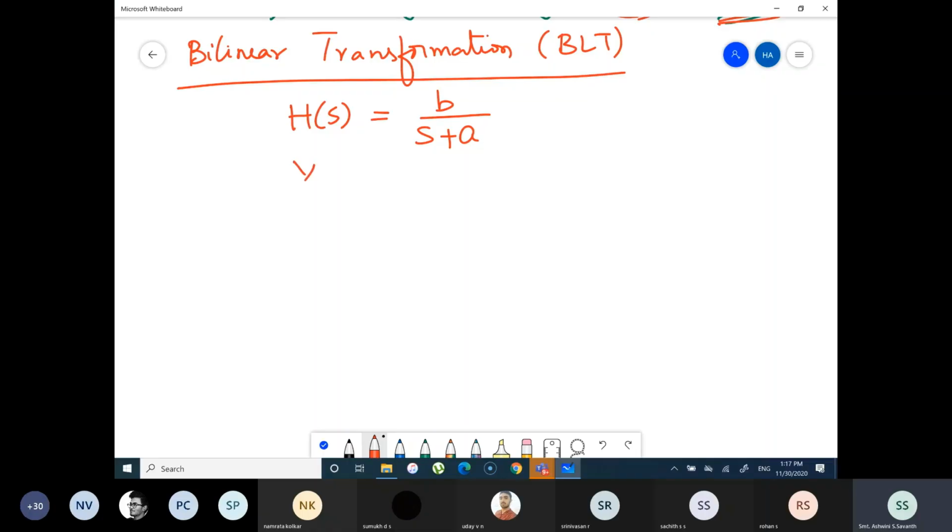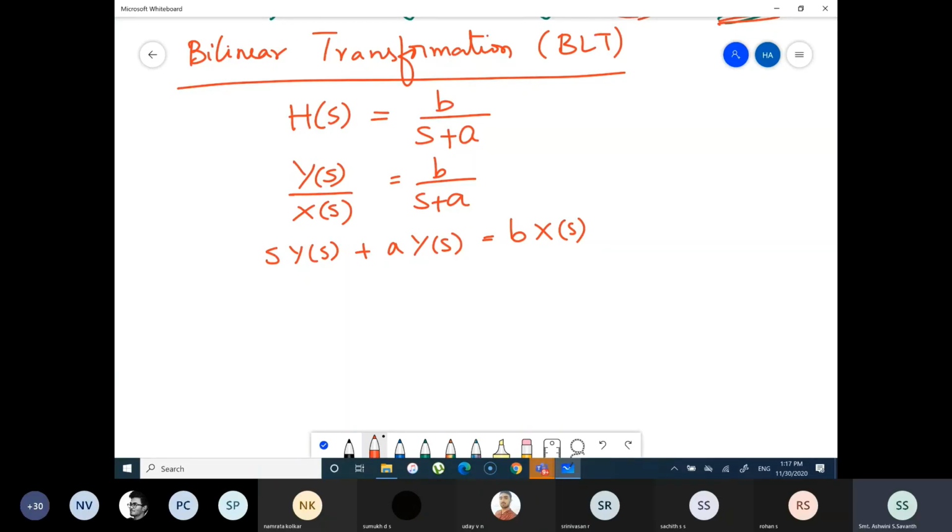Yeah. So this is your H of S. You know H of S is output Y of S by input X of S, equal to B by S plus A. Right? Let's cross multiply. So you get S into Y of S plus A into Y of S equals B into X of S. Now let's write the inverse Laplace transform.